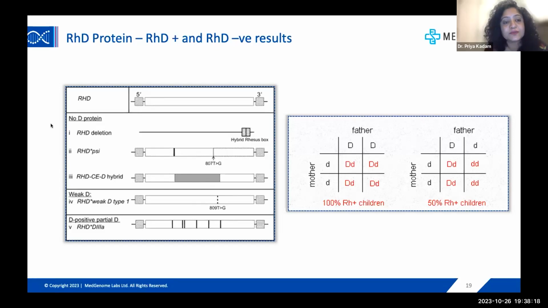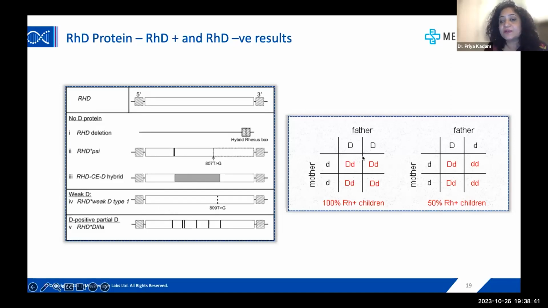What they have shown is that about 68% of the Indian population will have the gene deleted. The rest would probably have either of these. And here, this is a hybrid between the RhD gene, which is what you see here, and this gray box is actually a hybrid from the RhCE, which has a few sequence variants.